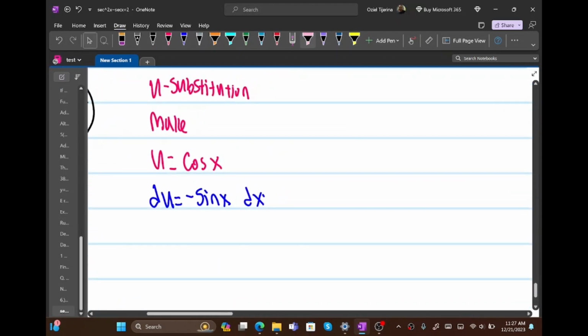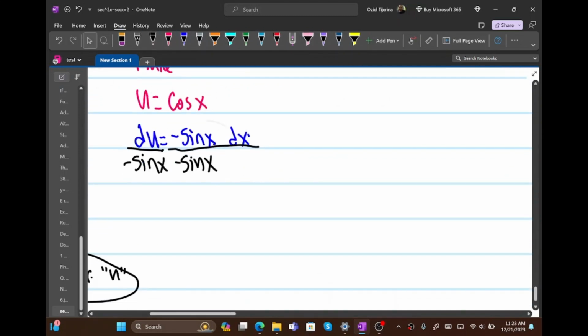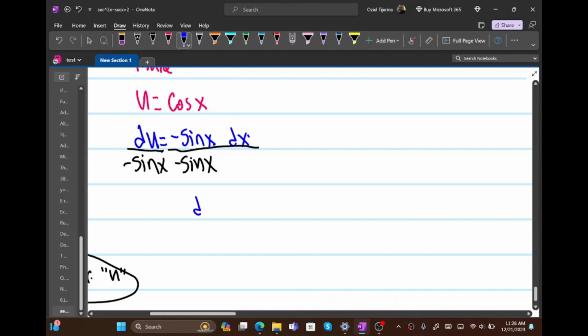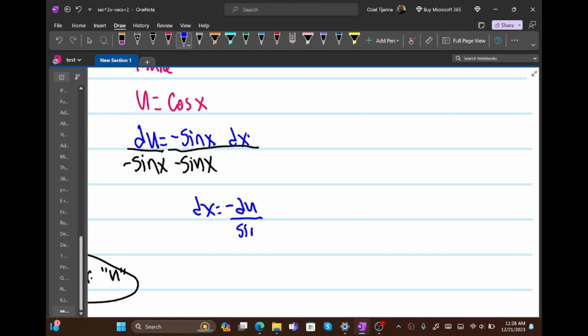To solve for dx, I'm going to divide both sides by negative sine of x. I can say that dx is equal to negative du over sine of x.